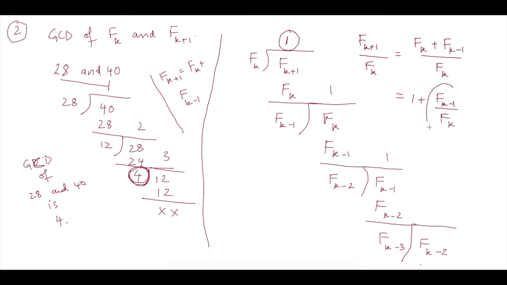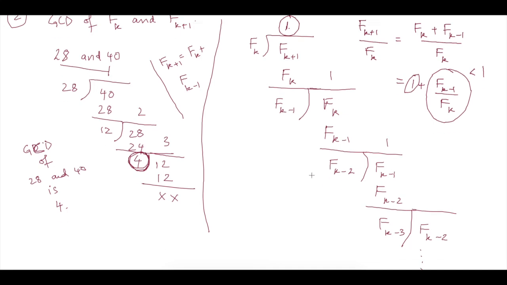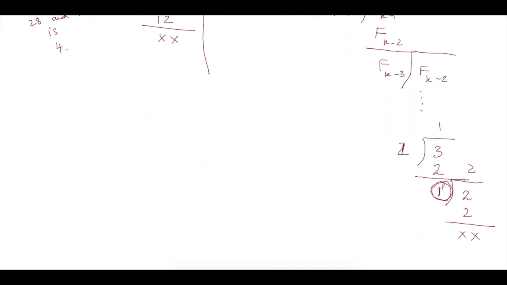Now this term is strictly less than 1 because we have an increasing sequence of numbers. So that's why we have 1 here all the time. And in the end, when we are left with 1 and 2, only then can we have 0 remainder. Otherwise we always have a remainder. So this is my 1 here.